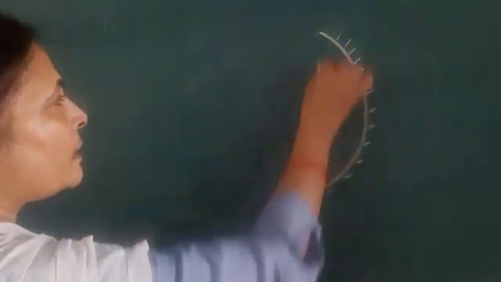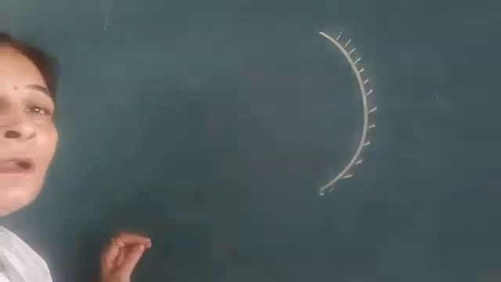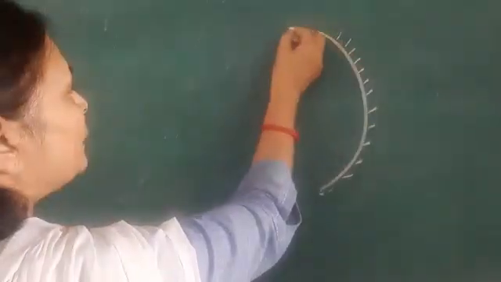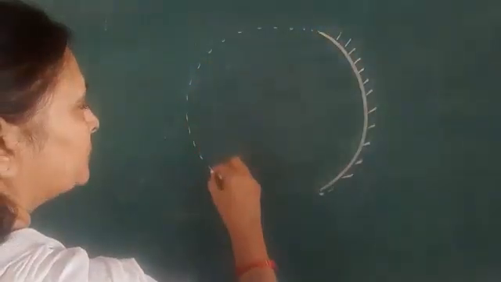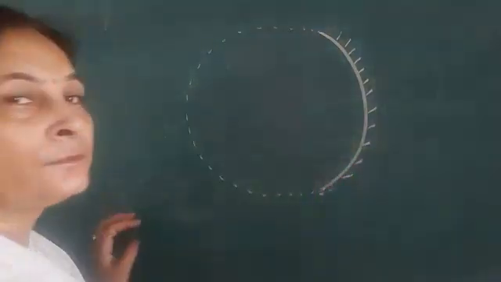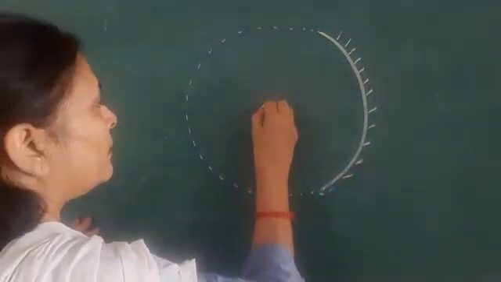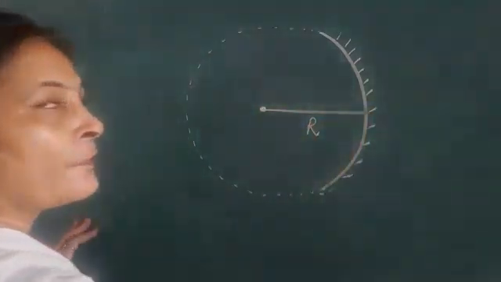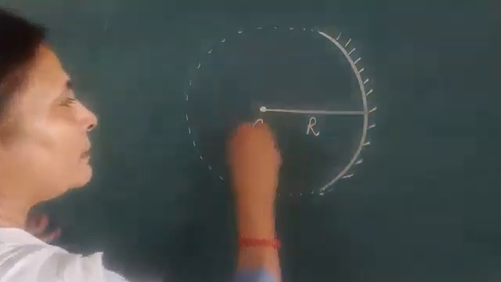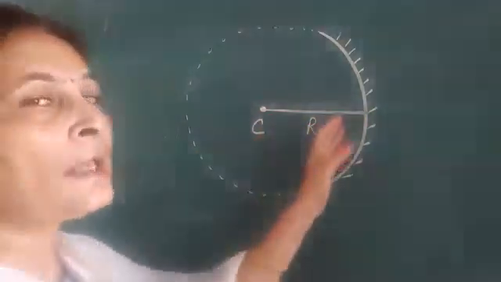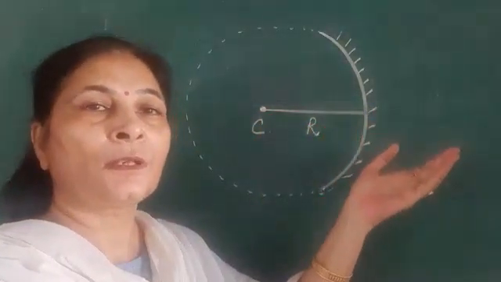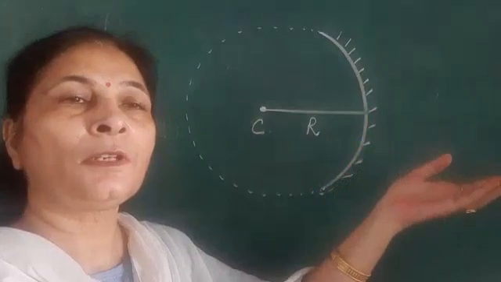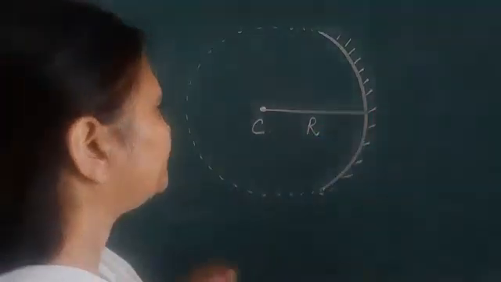This piece of glass is a part of a sphere of given radius and center. One of the sides can be polished and it can be converted into a mirror.